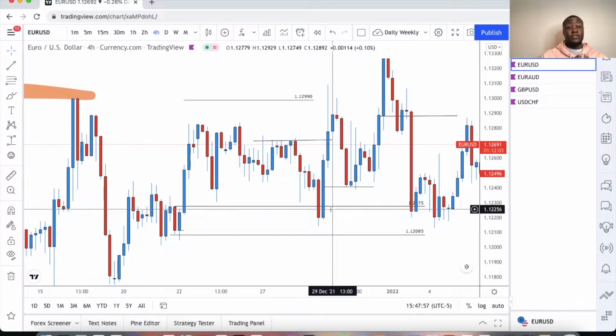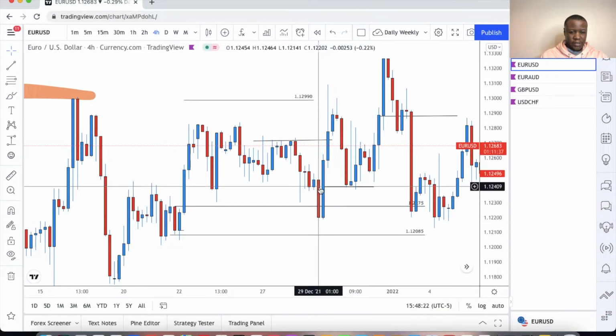And for those of you that are just starting right here in this video, you want to make sure you go back and watch how to enter a trade, because this is the continuation of how to enter a trade, and this is the exit side of the series. So you want to go back and watch those, how to enter the trade. So I'm not going into that. This is strictly how to exit the trade.